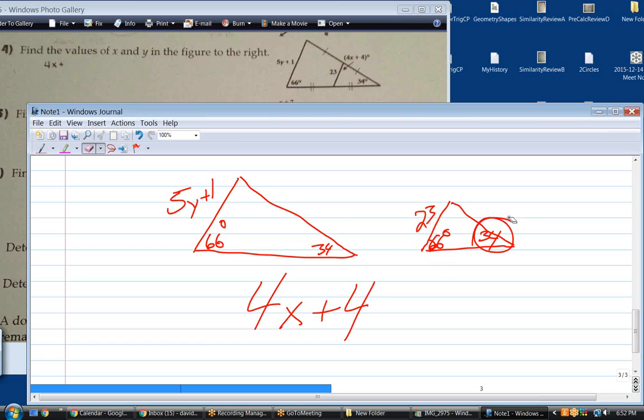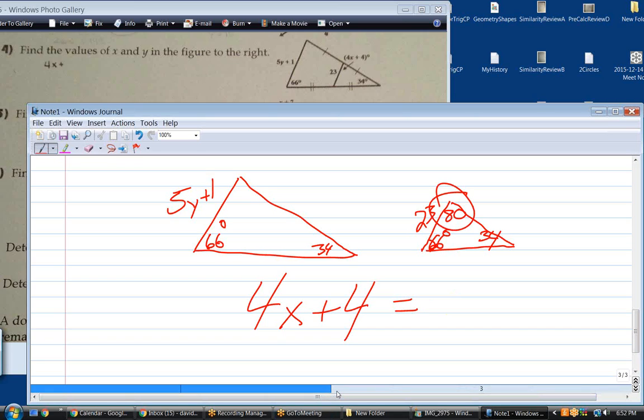100? Okay, so what's that make this one here? 80 degrees. So my equation is what? 4x plus 4 equals what? Equals 100? No, 4x plus 4 equals 80. Oh, okay.